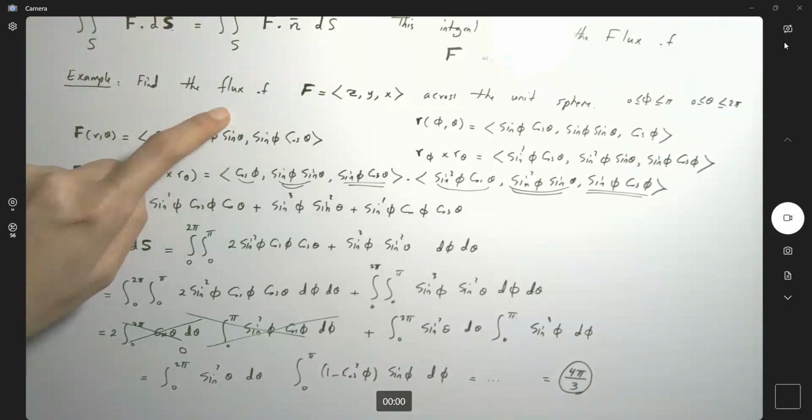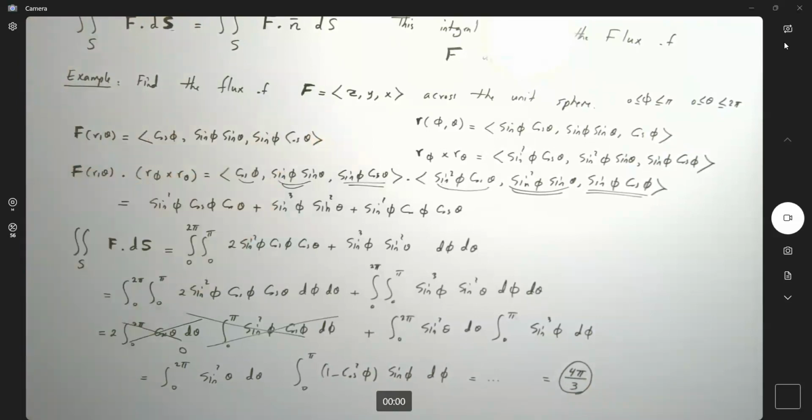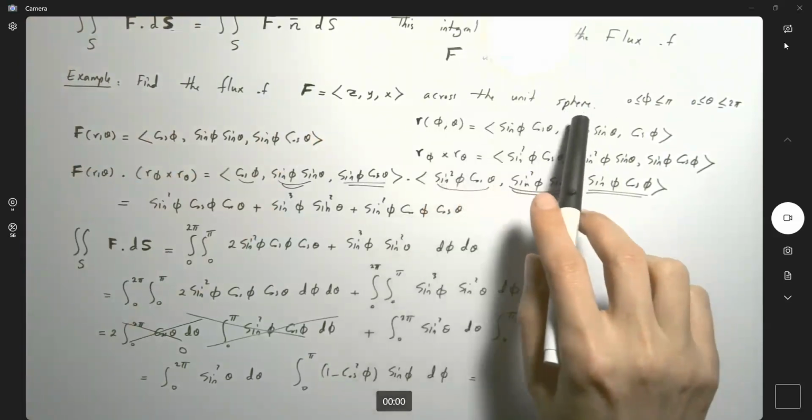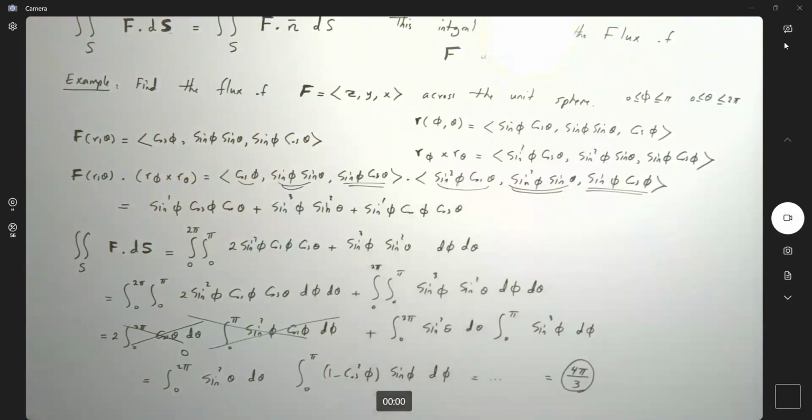So if I ask you to find the flux of a vector field over an oriented surface like a unit sphere, we follow the formula and convert everything. If you have a nice relation between x, y, and z, use it. If not, you have to find parameters to rewrite this in parametric form.